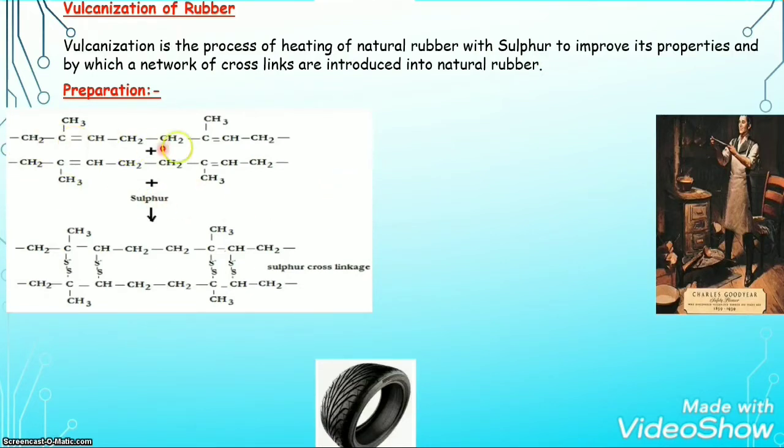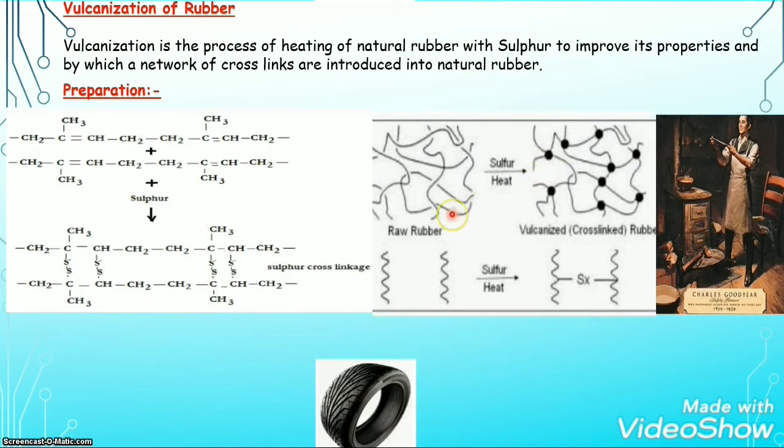The double bonds which are present in the natural rubber act as active sites. So during the vulcanization, sulfur forms cross links at these active sites, and that improves or modifies the properties of vulcanized rubber. Here is another picture where raw rubbers are shown, which on heating with sulfur introduce crosslinks of sulfur in the natural rubber.